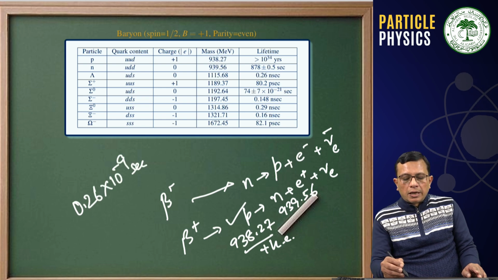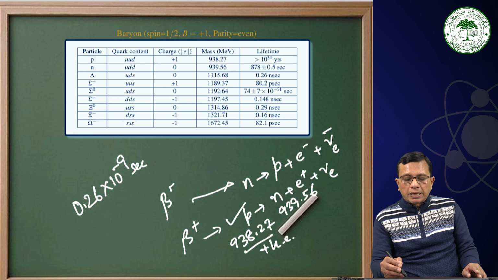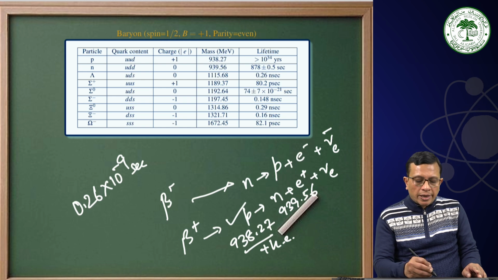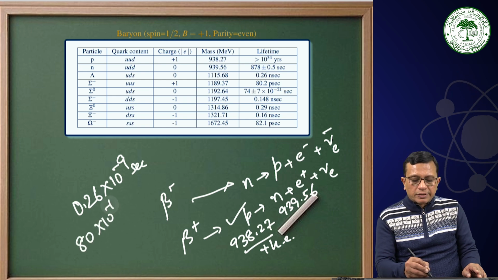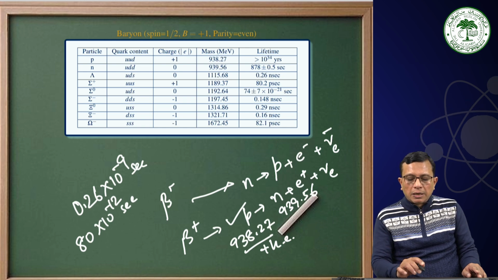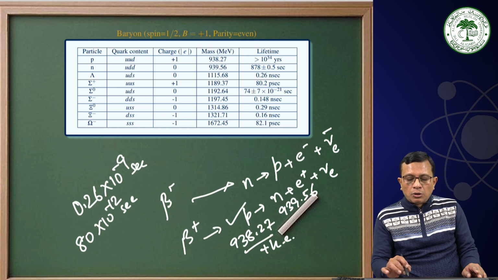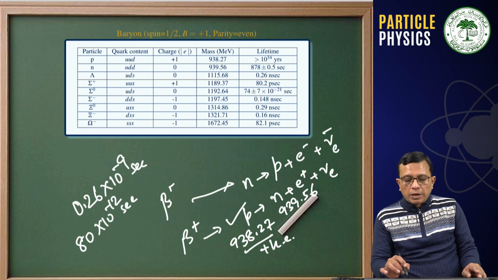Then we have sigma plus particle whose mass is 1189 MeV approximately and whose lifetime is around 80 into 10 power minus 12 seconds because pico is 10 power minus 12 seconds. Then similarly we have sigma minus, we have cascade 0, lifetime is 0.29 nanoseconds. Then we have cascade minus 0.16 nanoseconds and omega minus 82 picosecond.